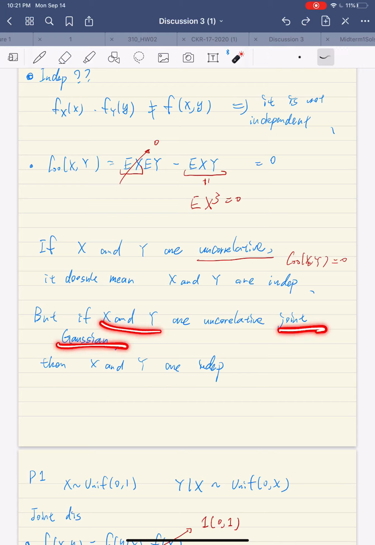If x and y are jointly Gaussian, uncorrelated implies independence.